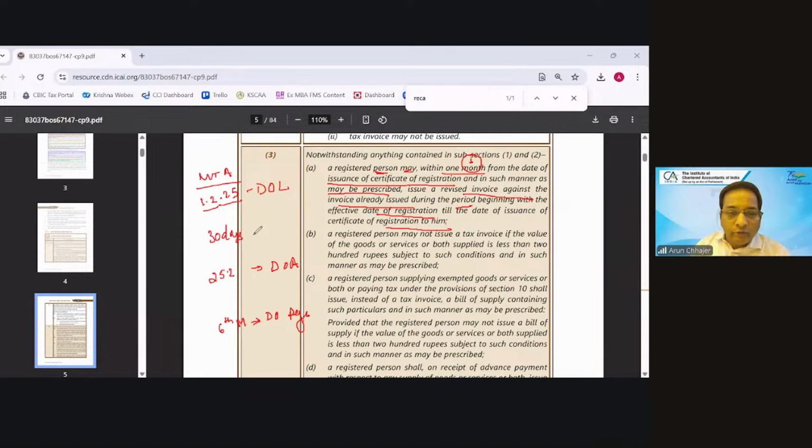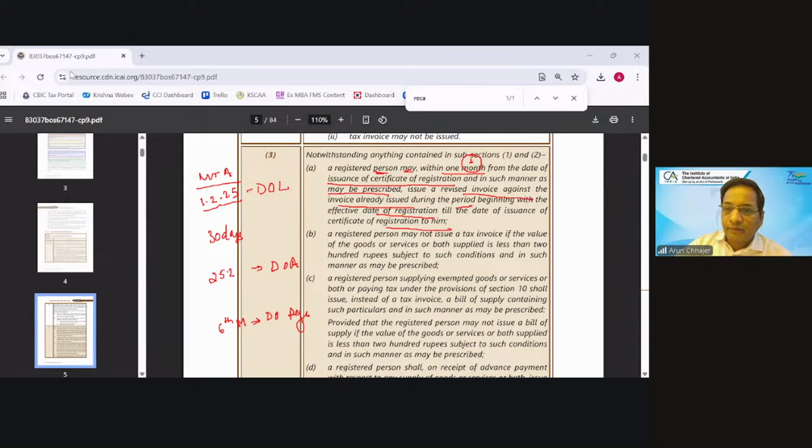Now he is required to pay the GST from which date?